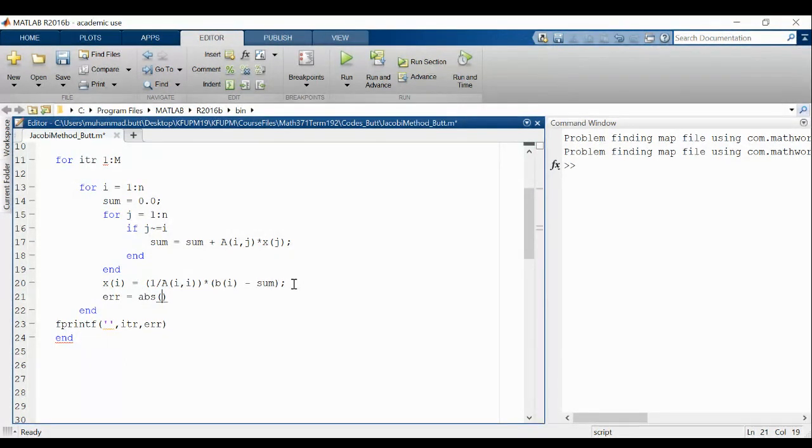Absolute of this value minus x old, and here you call x old equal to x. Let me check for an fprintf.